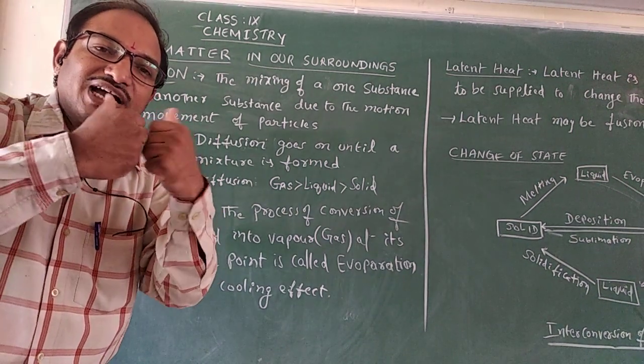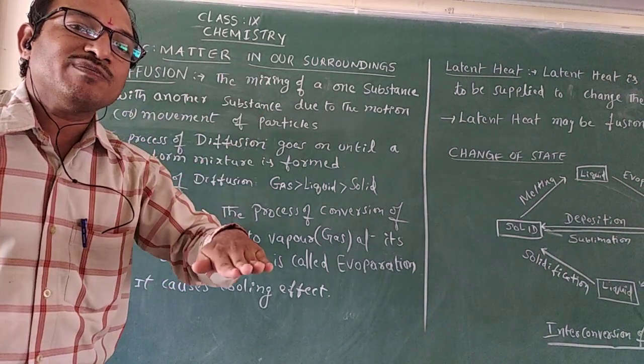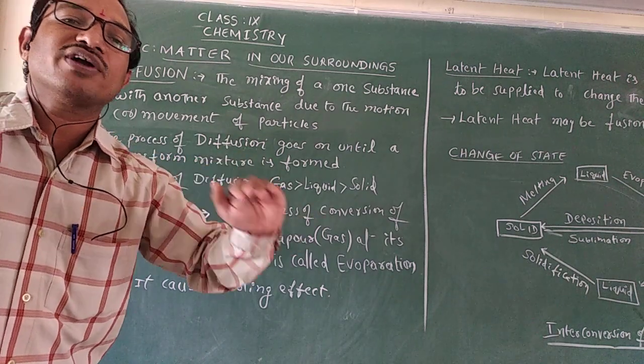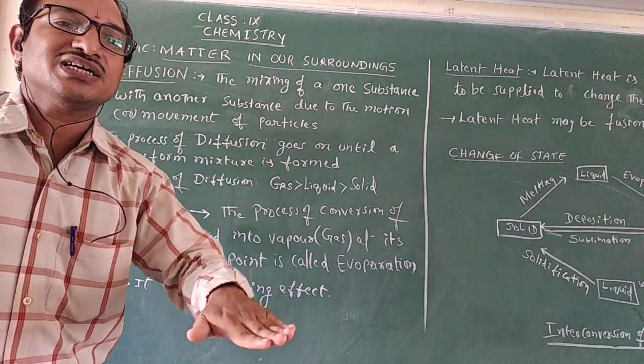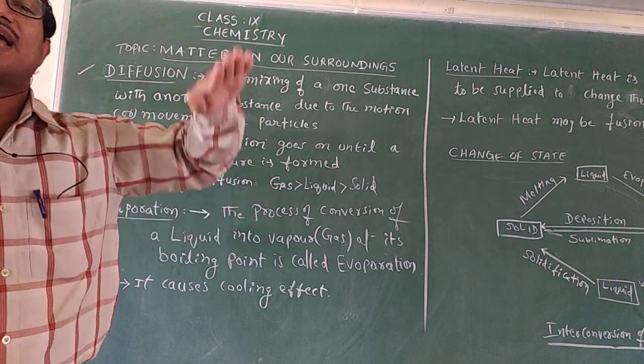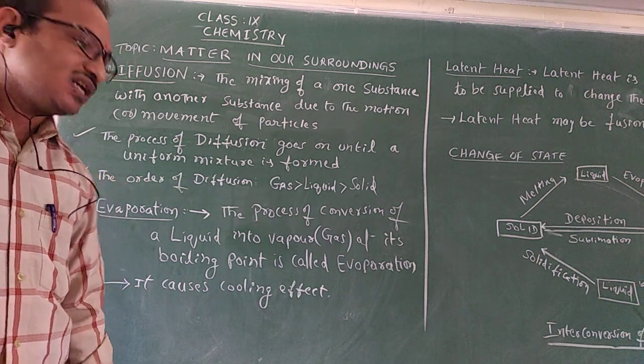Between the particles, some attractions are there. When we heat at the boiling point, the particles have high energy to overcome those attractions, and then they can go to the vapor state. This process is called evaporation.